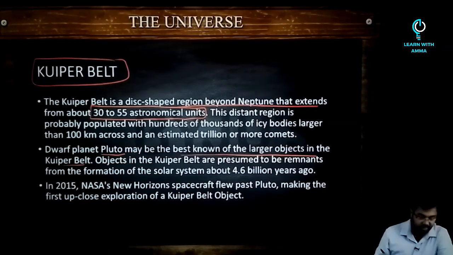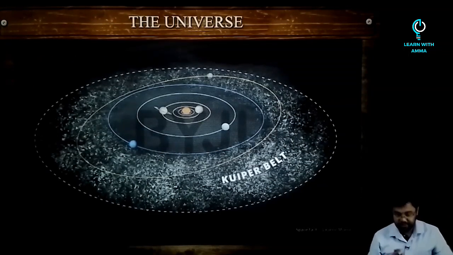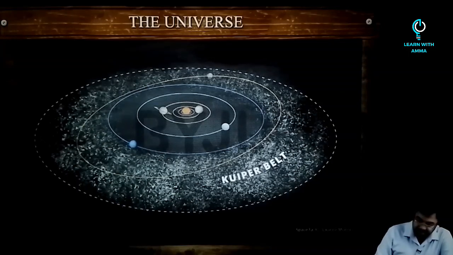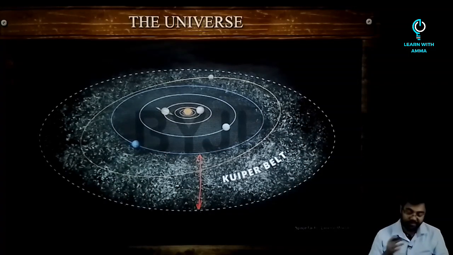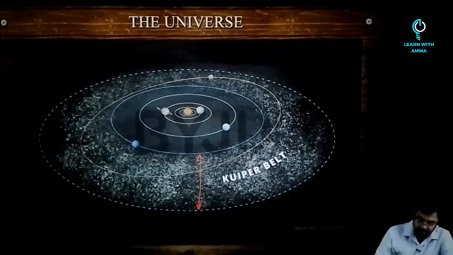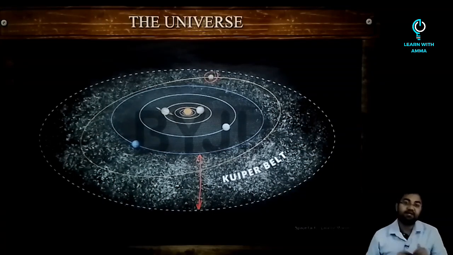If you look at this particular diagram, it is a belt that lies beyond Neptune up to the edge of the solar system, which would have hundreds of thousands of celestial bodies, and trillions of comets can be present in this belt. And Pluto lies in the Kuiper belt, that is the trans-Neptune region.